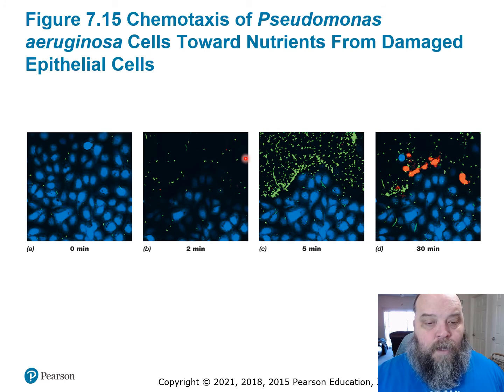You can sit there and watch over time as more and more green dots come from up here towards the damaged cells, because the damaged cells are basically now open bags of food. This is acting as a positive chemoattractant, pulling in the bacteria as they are swimming via the use of all their flagella.